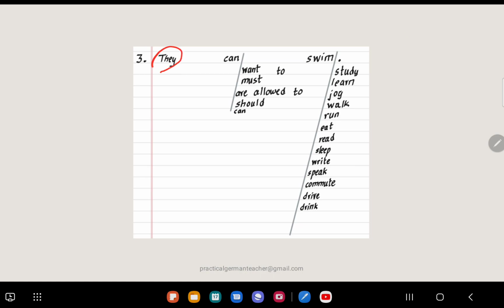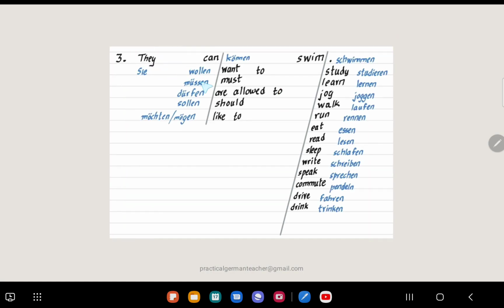They is sie with a small s. But here, because it's at the start of the sentence after the full stop, the s will be capital. And of course, this time the modal verb will change. So sie wollen, können, wollen, müssen, dürfen, sollen. Notice for 'like to', you can say mögen, or you can also say möchten.